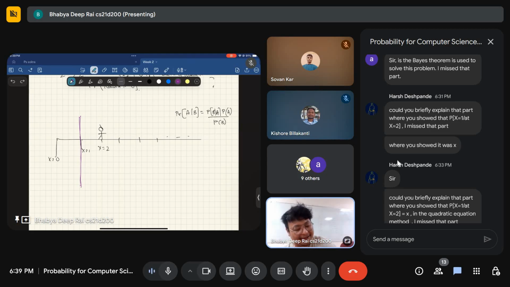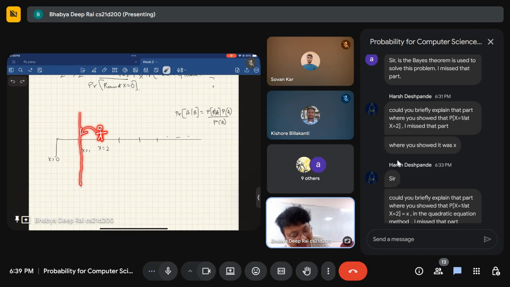Towards the right there are infinitely many steps, and towards the left there is this imaginary cliff. So restating the problem: starting at x equals 2, what is the probability that he falls off this imaginary cliff at x equals 1? It is the same as asking the probability that starting from x equals 2 he reaches x equals 1.